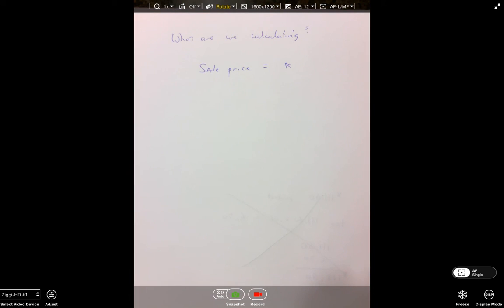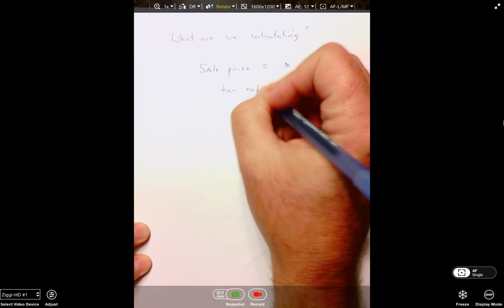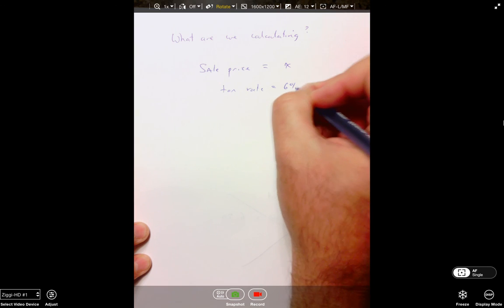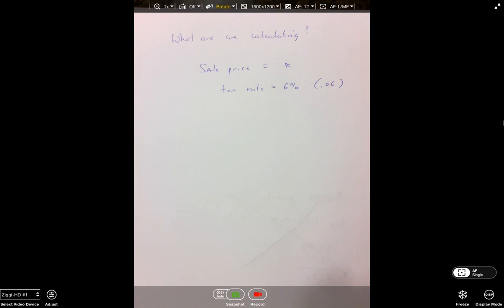It's unknown, so I'm going to let it be X. Tax rate is 6%. And as you're going to hear me say many, many, many times over this class, don't ever use a percentage in mathematics or arithmetic. If you do, you'll get something stupid. Always convert to a decimal, so 0.06.